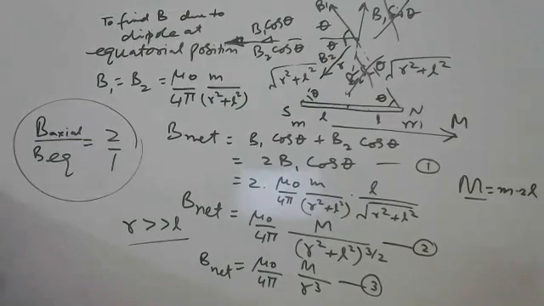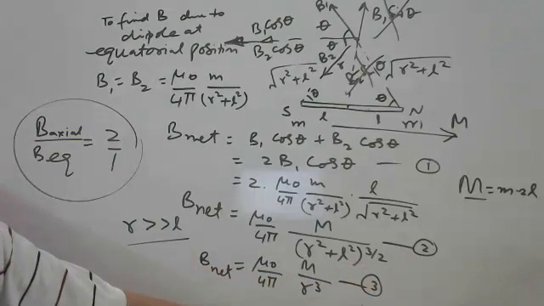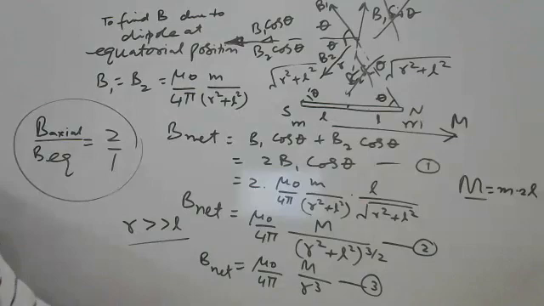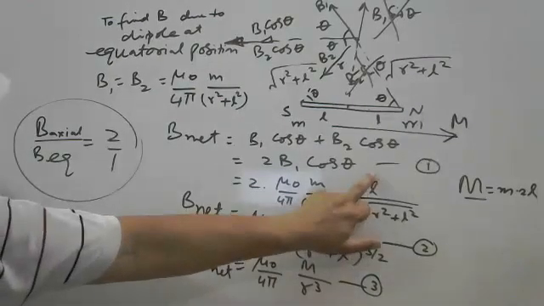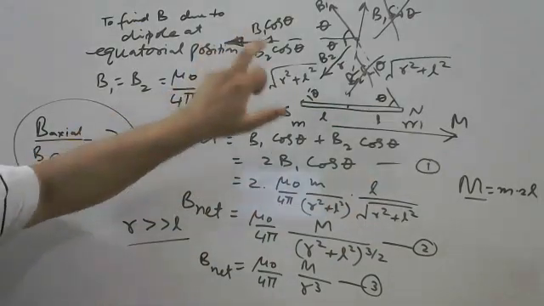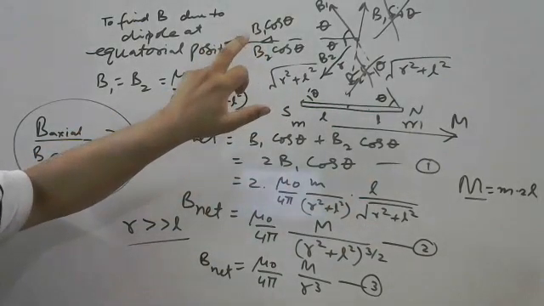Got it? Sir, the equation B axial upon B equatorial, in equation 2, 2 or 3? Sir, that's the second one. Equation 1. Okay. What is the net magnetic field? B1 cos theta and B2 cos theta are both in the same direction.